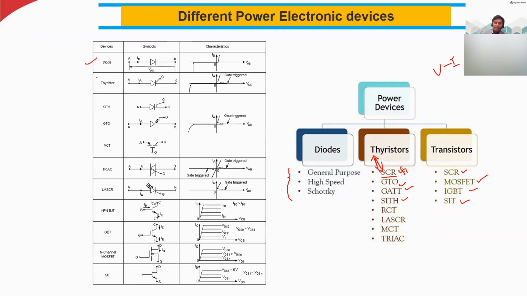For each device, here you can see the symbol and its VI characteristic. Maybe you can practice by yourself at least some important devices and their symbols. And also you can try to read in the textbook these VI characteristics, how it works. But I will explain about this diode and the thyristor.